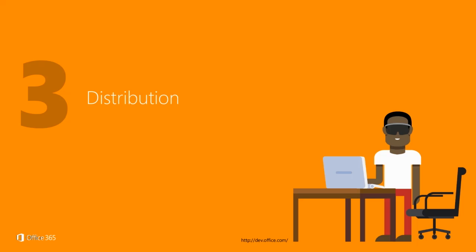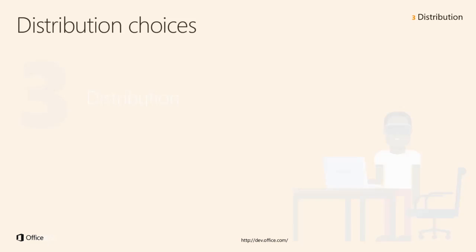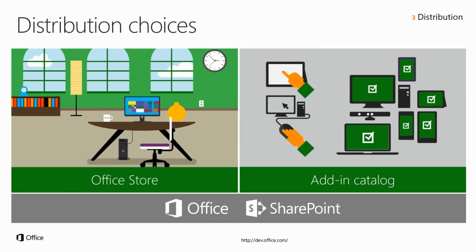And now finally, how can users get the applications? We already saw the two mechanisms. There's the Office Store, which is the public app store for Office add-ins, very similar to what you do with mobile applications and a mobile app store. You go through a certification process.